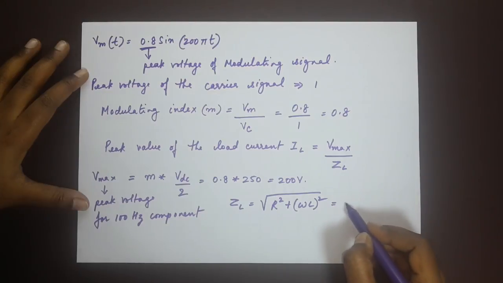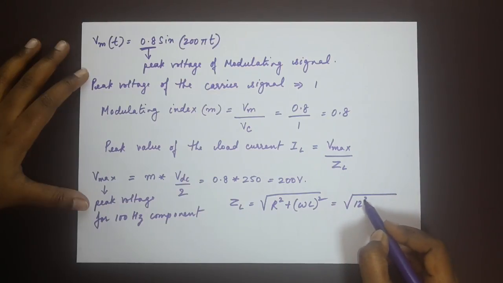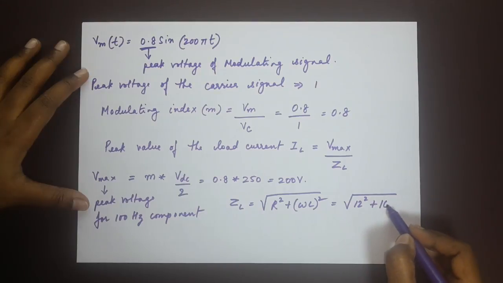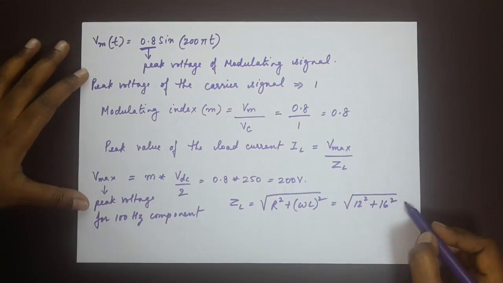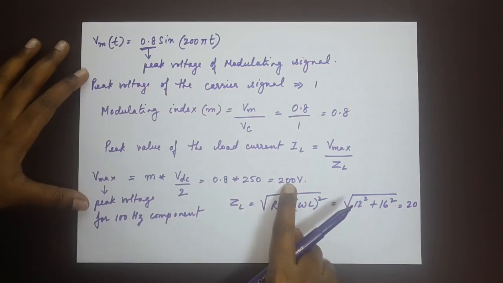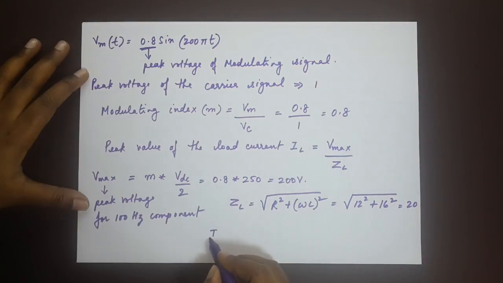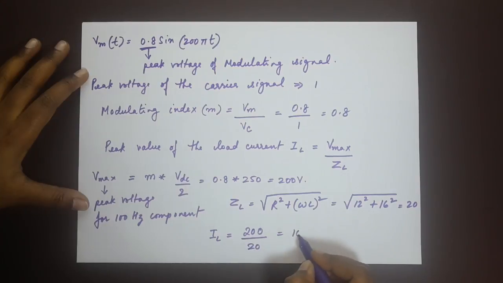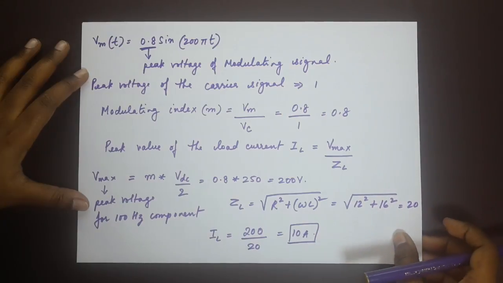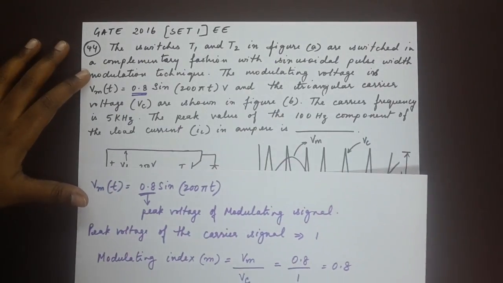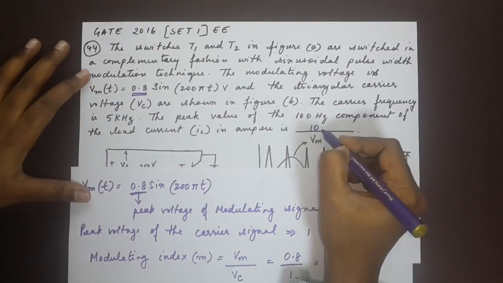So solving this, we get root of 12 square plus 16 square, which is 20. So we have ZL as 20, Vmax as 200. Let's substitute into the load current. 200 divided by 20, and that's 10 amps. So the final answer here is 10 amps.